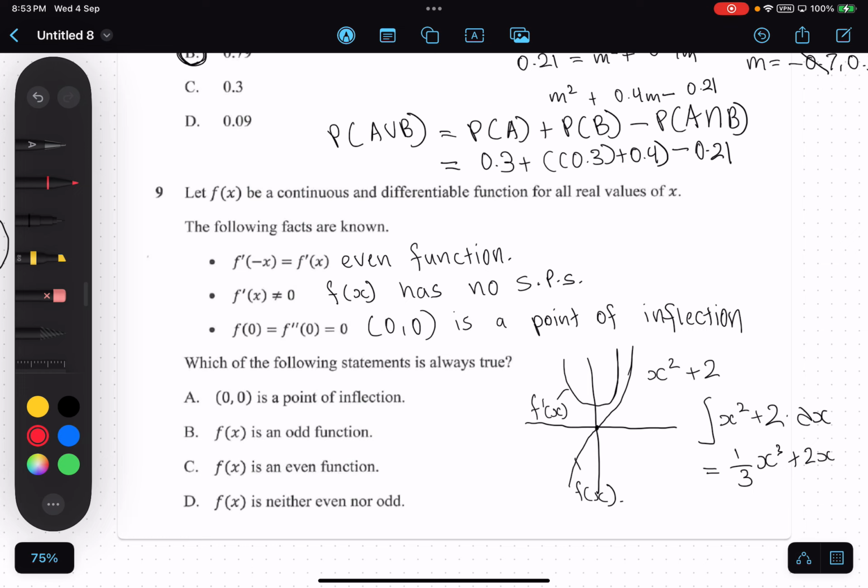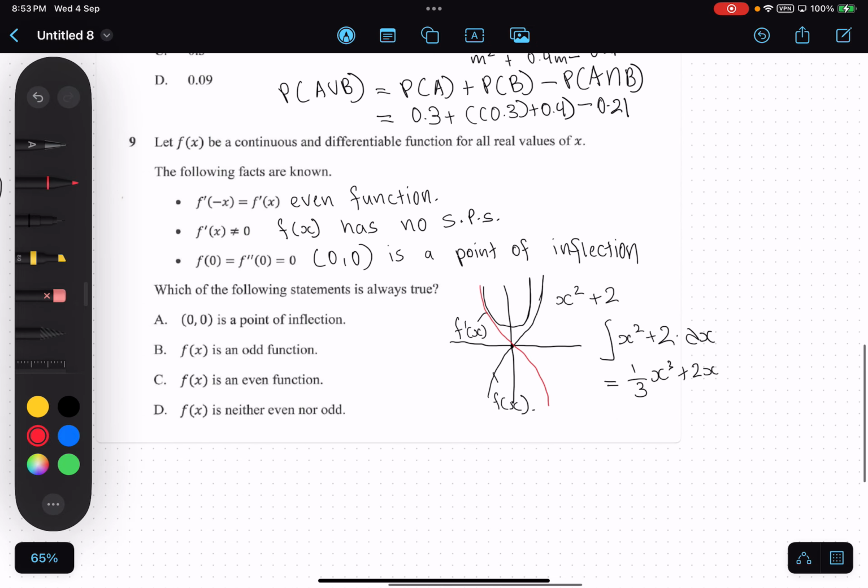As you can see with this original function, and I'm going to show you the trick now, this original function has rotational symmetry, like that. And we'll just test it using the odd function test.